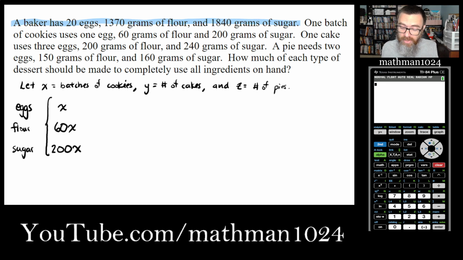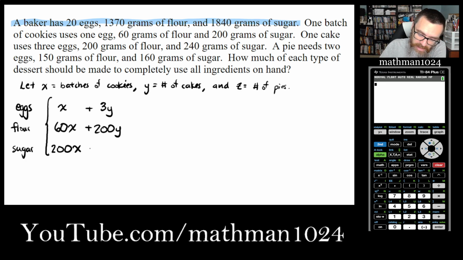Now let's look at the cakes. One cake uses 3 eggs, so that means plus 3y. So for every y cakes, multiply times 3, and that's the number of eggs. For flour, that's going to be 200 per cake. For sugar, that's 240 per cake.